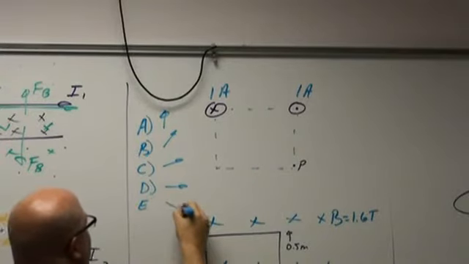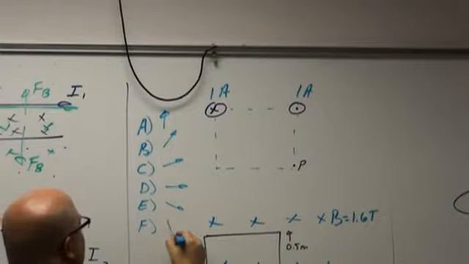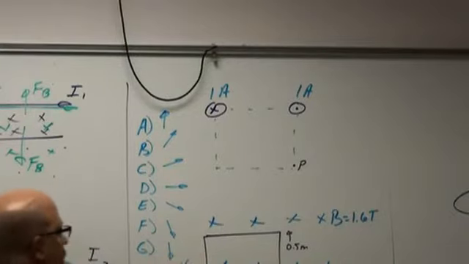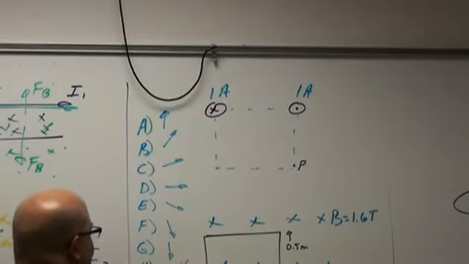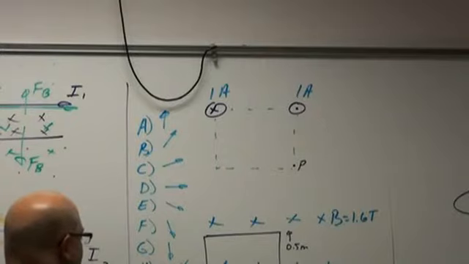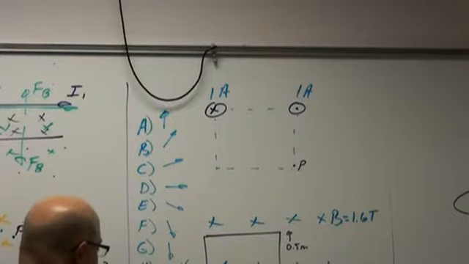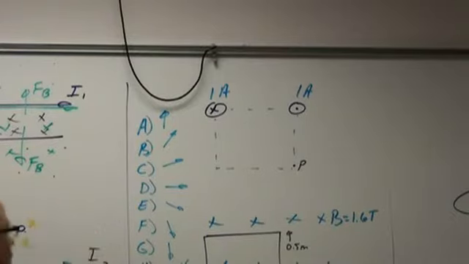Option E, F, G, H, I, J, K, L, each a different direction. Which one is it? I think it's G. No, it's not B. Yeah, I'm going to say F. Oh, yeah. Let's find out.